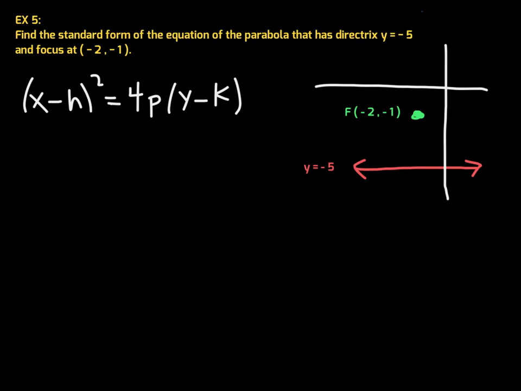In other words, since the vertex of the parabola is a point on the parabola, the vertex has to be the same distance from the focus as it is to the directrix. In other words, the vertex has to be right in the middle of the focus and the directrix. So the vertex has to be right here.